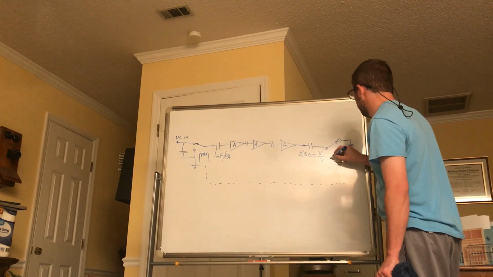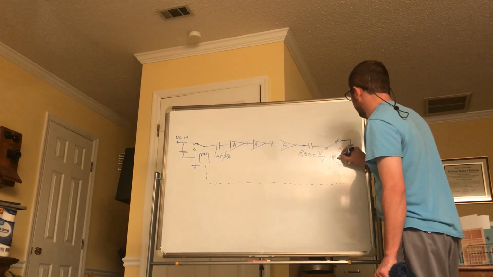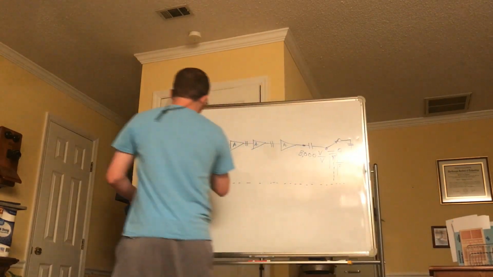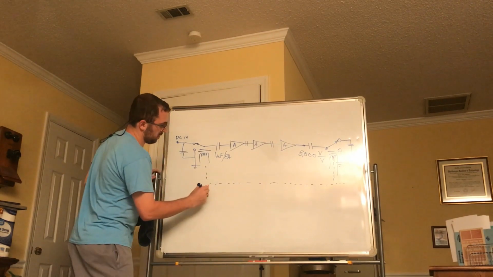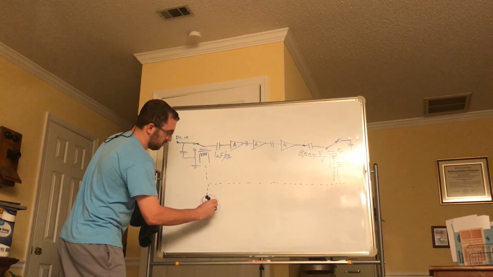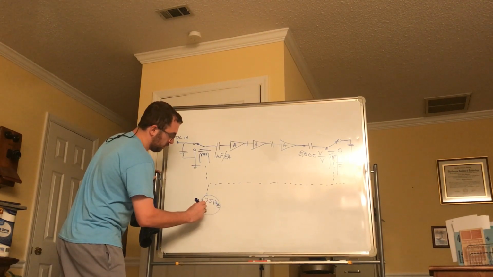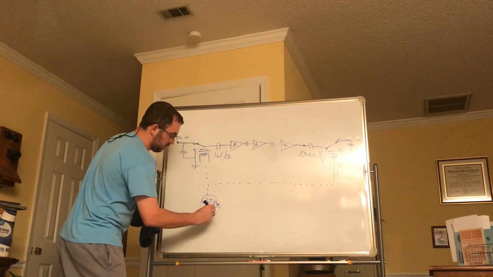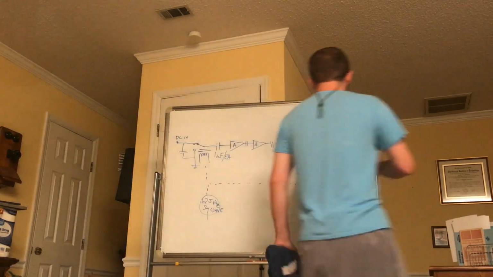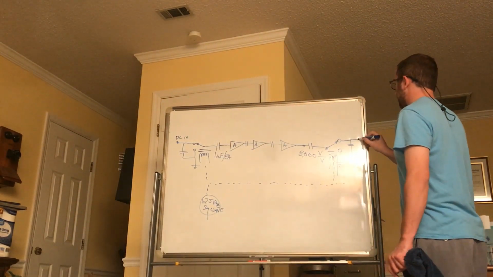And of course the coil on this relay would also be run from the same, and we can say that this goes to a 25 hertz square wave. And this would be your output.